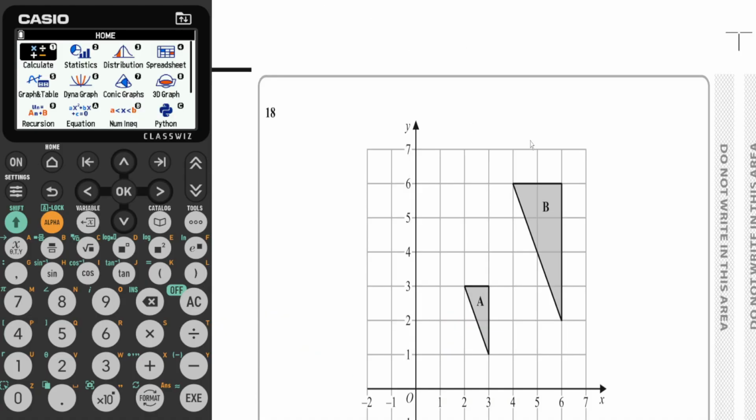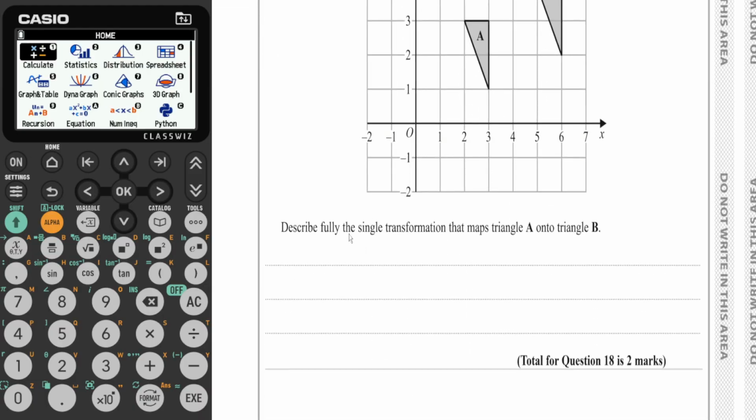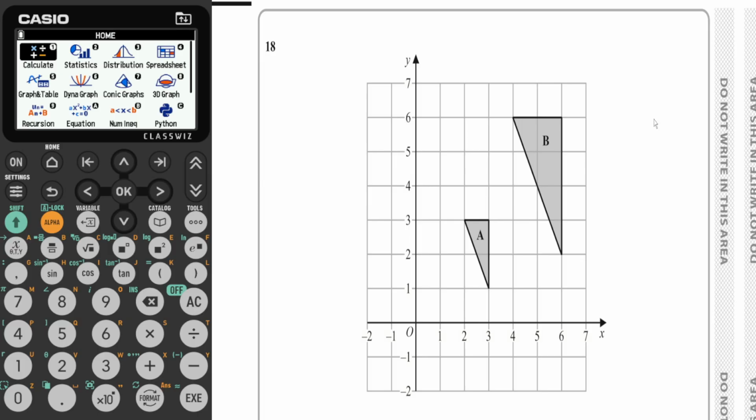Question number 18. We have to describe fully the single transformation that maps triangle A onto triangle B. So let's match up all the corresponding points like so.